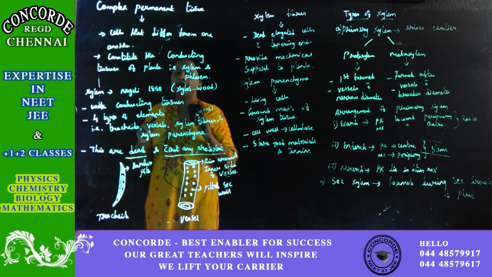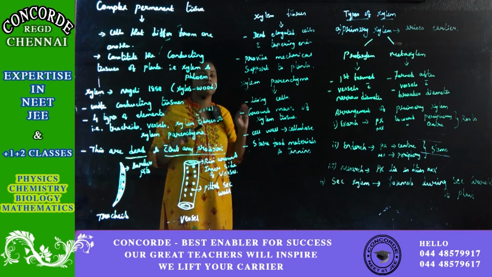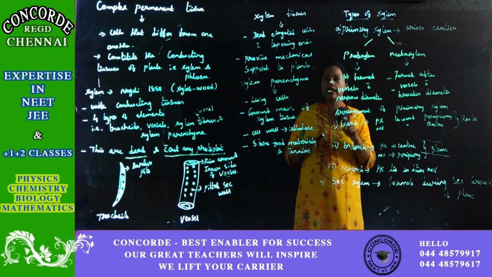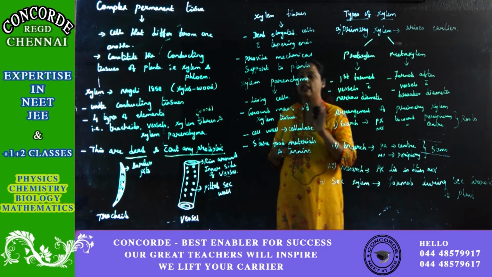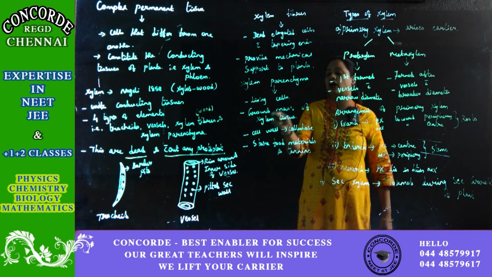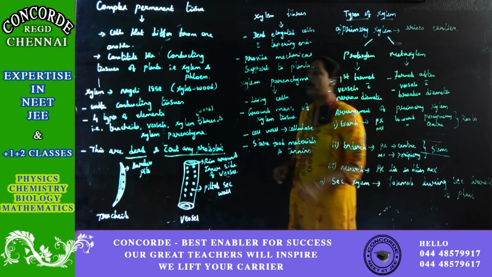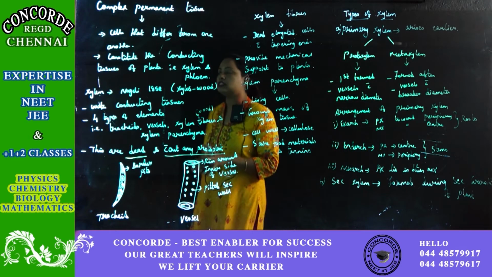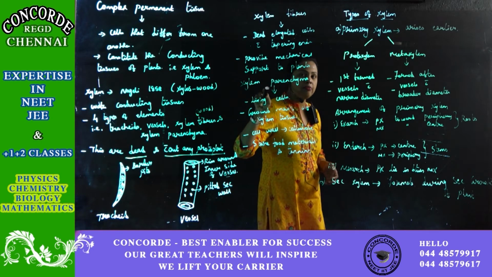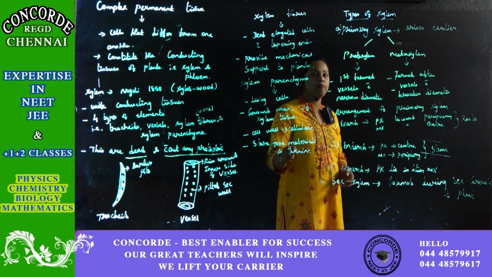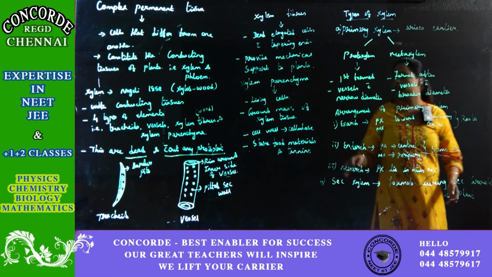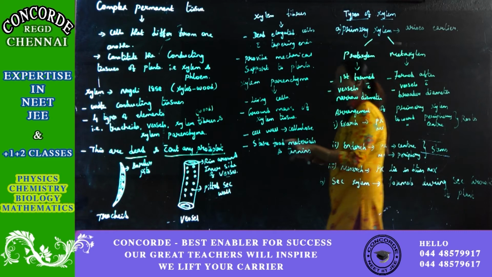Tracheids, vessel, xylem fibers, all these three are dead cells, whereas xylem parenchyma has living cells. These living cells are present in the ground mass of xylem tissue. Xylem parenchyma cell wall is made up of cellulose, and they store food materials as well as tannins. So this is about the parts of the xylem.